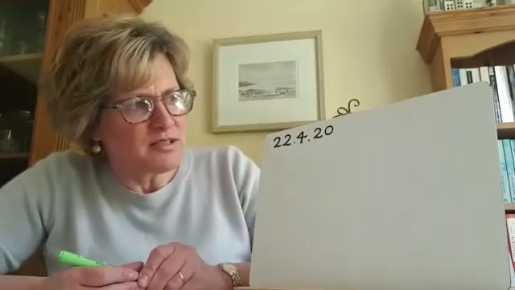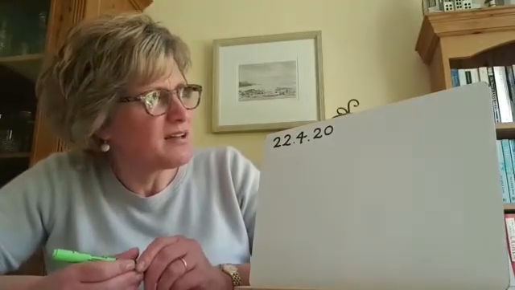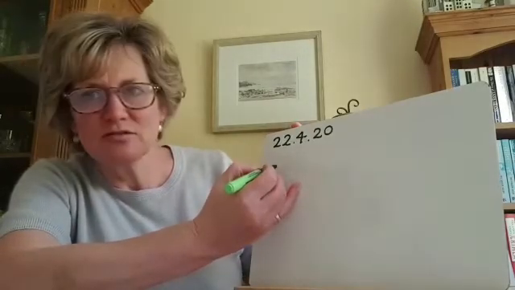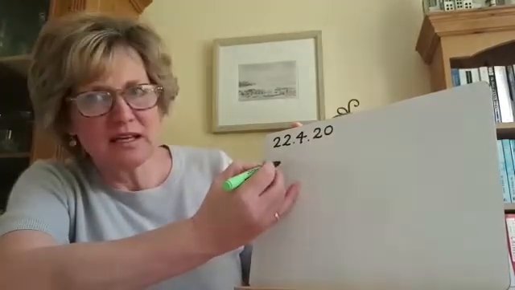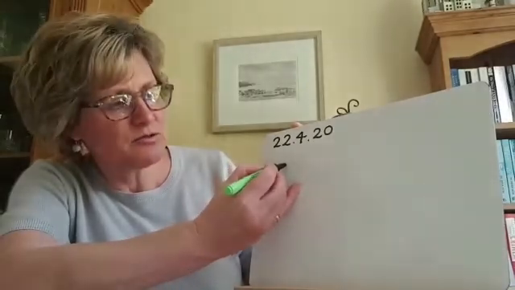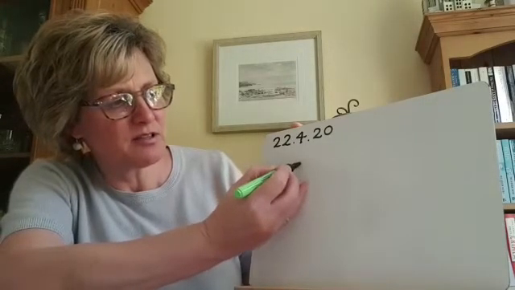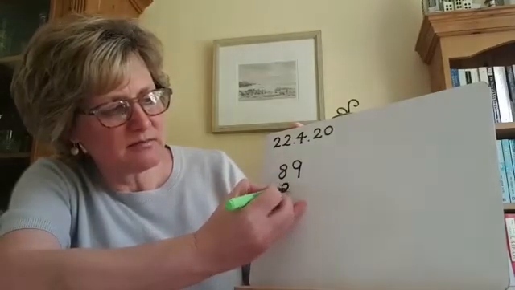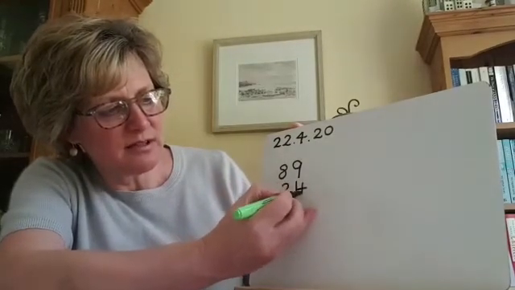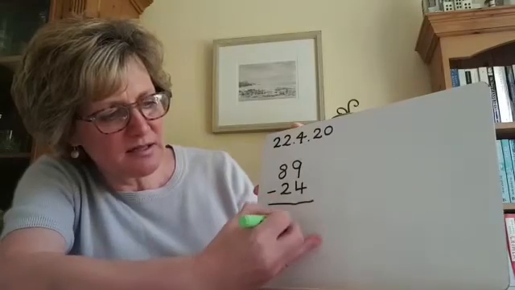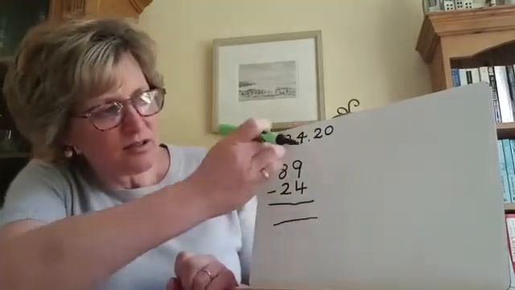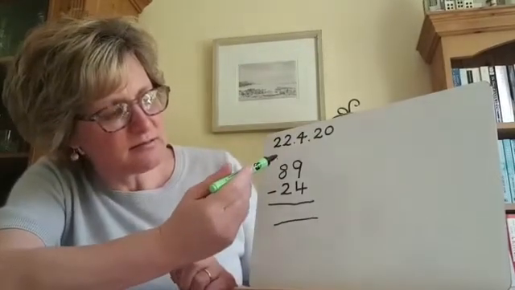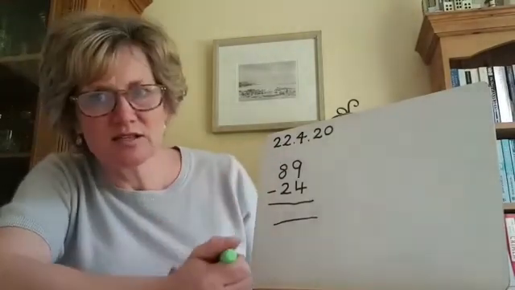So we remember doing some column subtraction, and if we wanted to subtract 24 from 89, we would know to put the 89, the big number, at the top, and then the subtract sign 24. And I'm just checking that yes, my units or ones, the 9 and the 4, are in a straight line, and so are the 10s, the 8 and the 2.